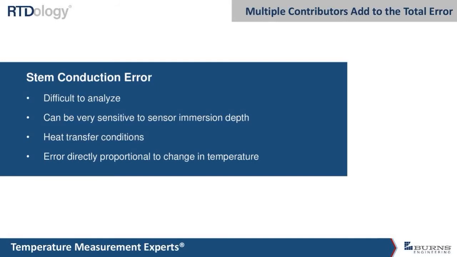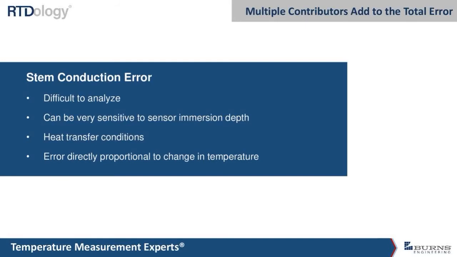What that does is it isolates the temperature sensor, kind of those external portions, from the ambient conditions. If stem conduction is happening, you'll notice a change in the indicated temperature just by adding that insulation around the outside parts of the sensor. So that can give a little bit of an idea if there is an issue there.